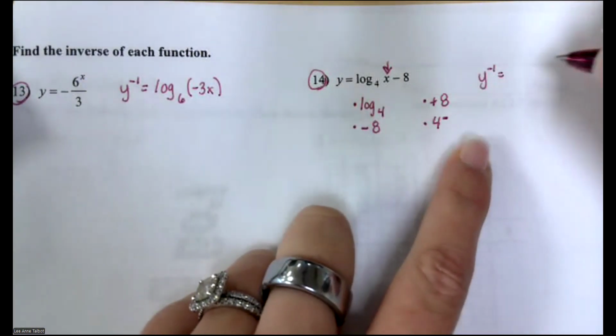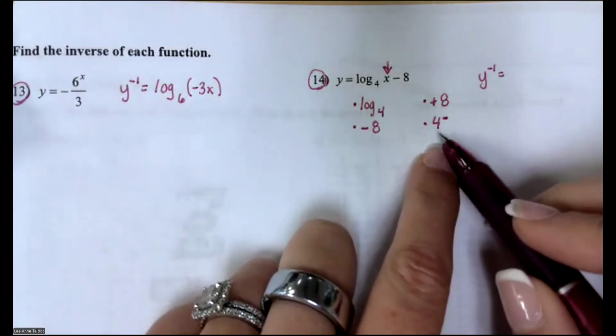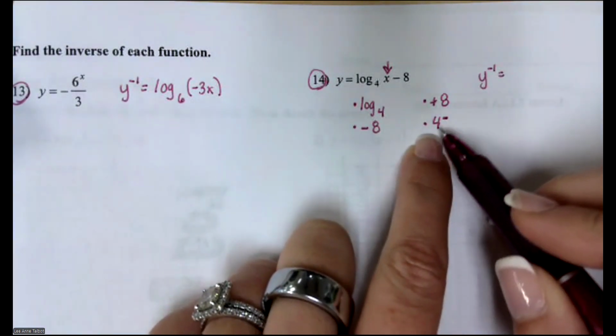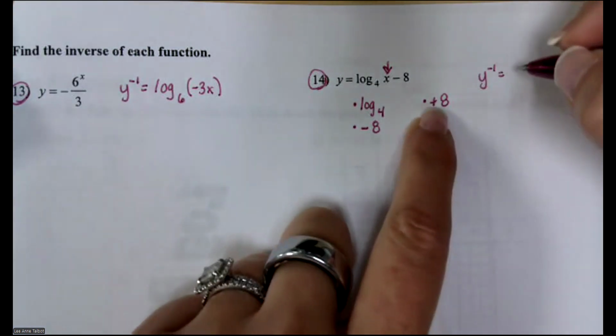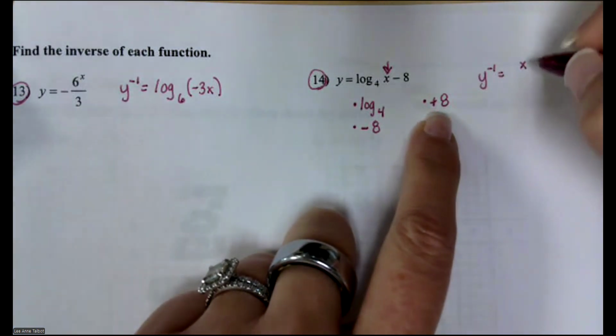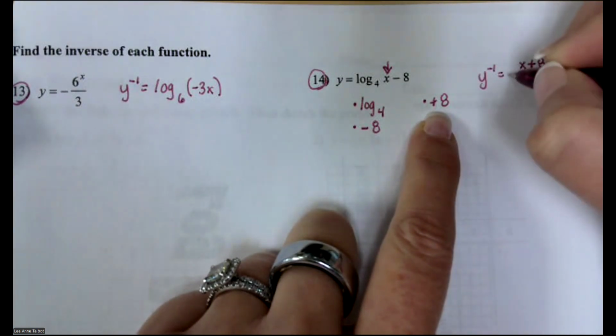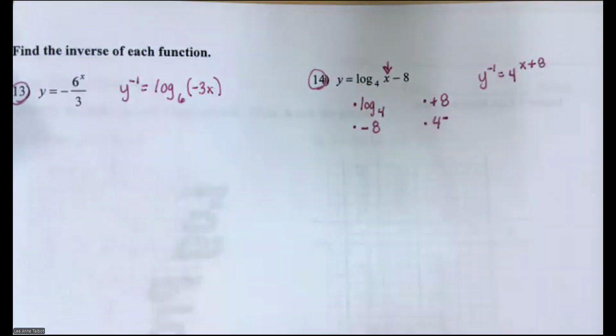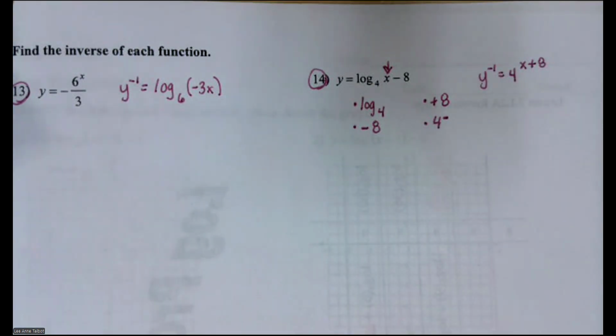Now I can see this is going to be 4 to the power. I need to start with my x up here and plus 8 first, and then 4 to the power. Now you can do that in 2 steps. If it doesn't occur to you to put it up in the exponent, you can write it so it looks awkward and then fix it.